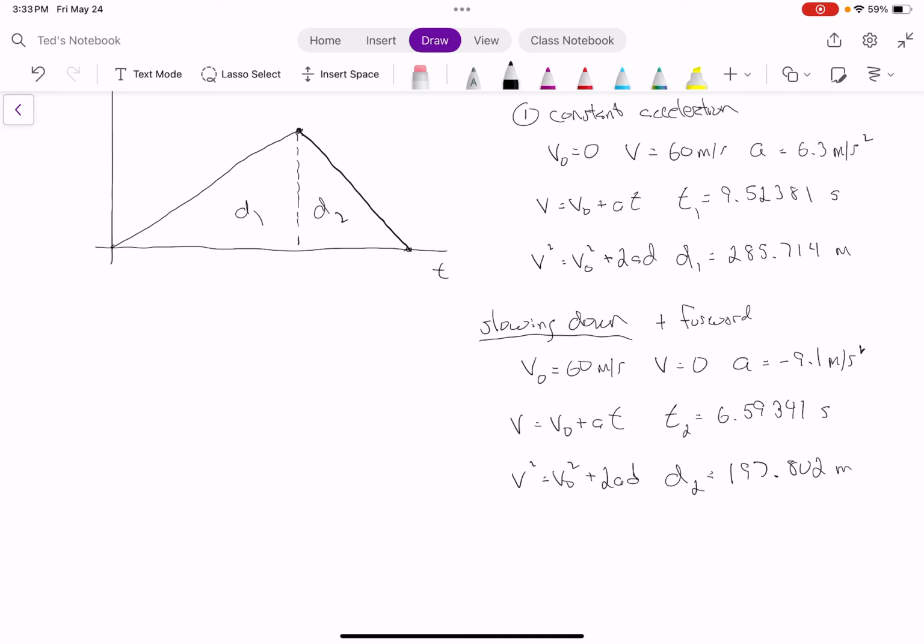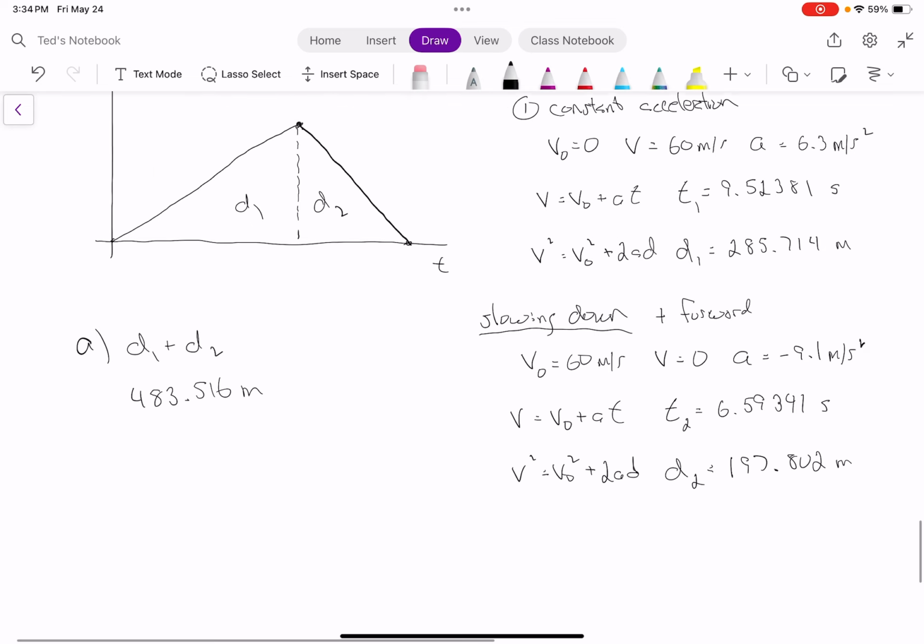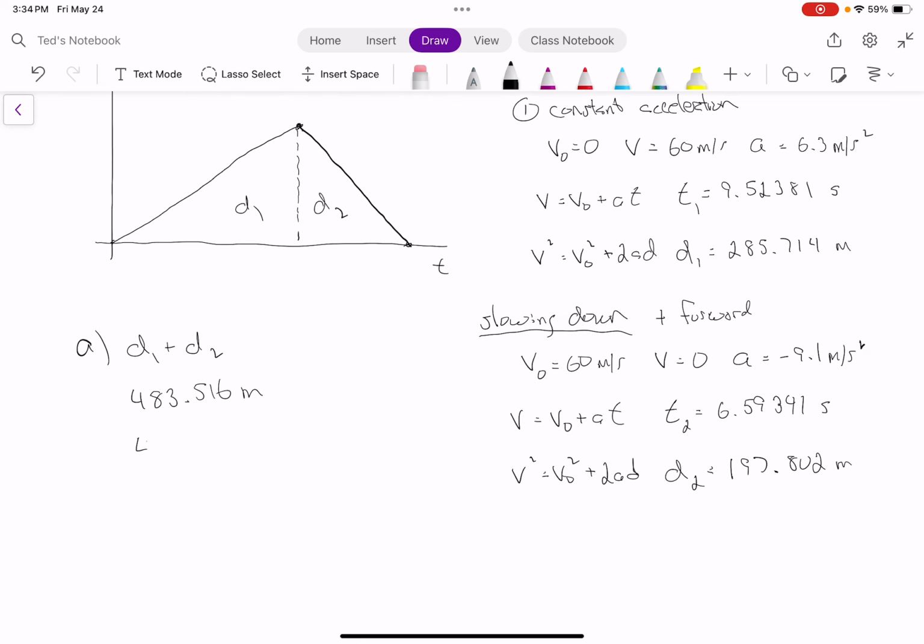And so our total distance for the whole trip, d1 plus d2, is equal to 483.516 meters. And now, since we are ready to answer the final question, we had 2 significant digits given in the problem, so our answer should also have 2 significant digits. This is 480 meters.